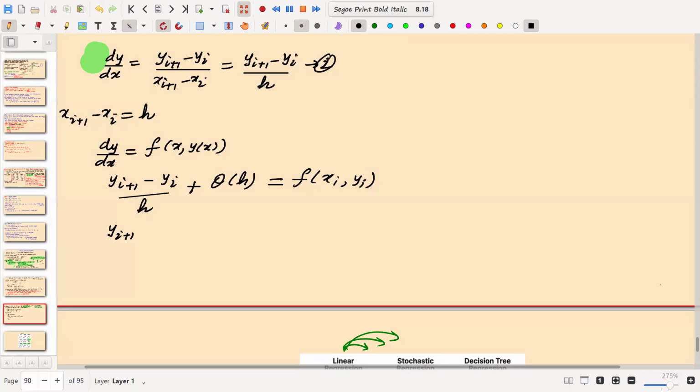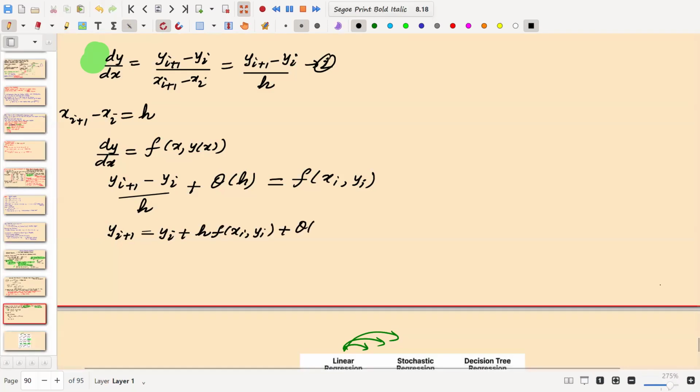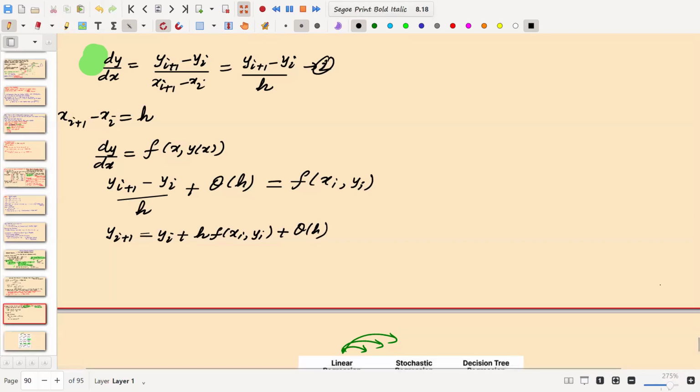So yi plus 1 is equal to yi plus h times f of xi comma yi, and there will be some order of h error term. Do you agree? Is it correct?